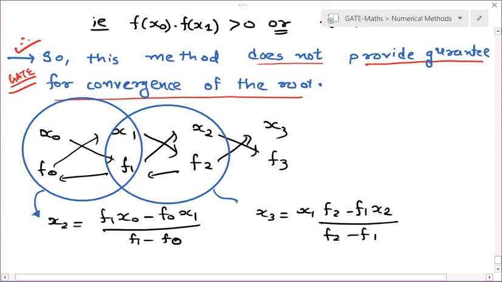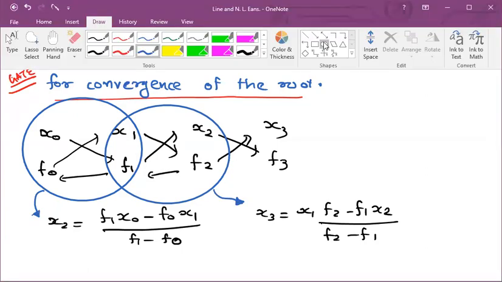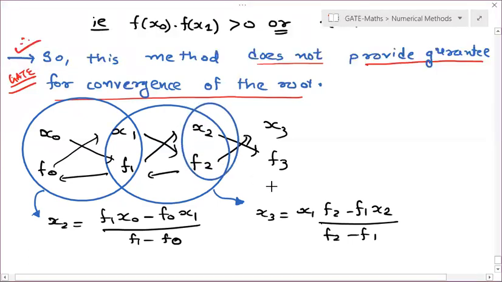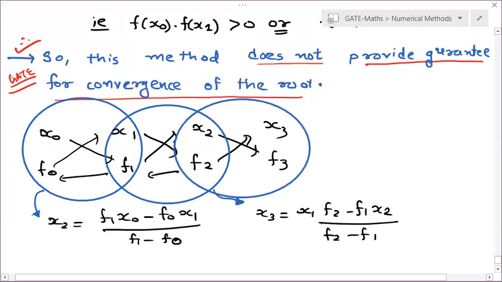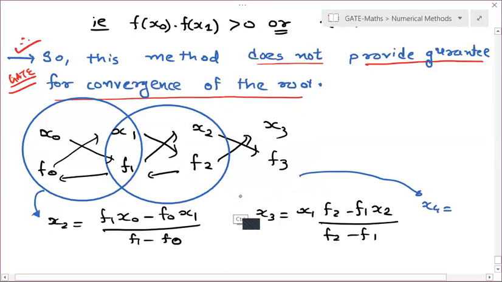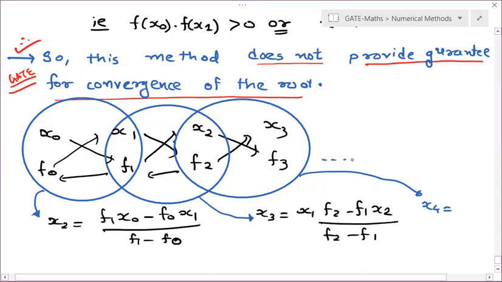Based on x1, x2, you can find x3. Similarly, for the next step, based on x2 and x3, you can find x4. And this process will continue as long as you want. Are you getting my point? Please give me some response. Okay, and so on.